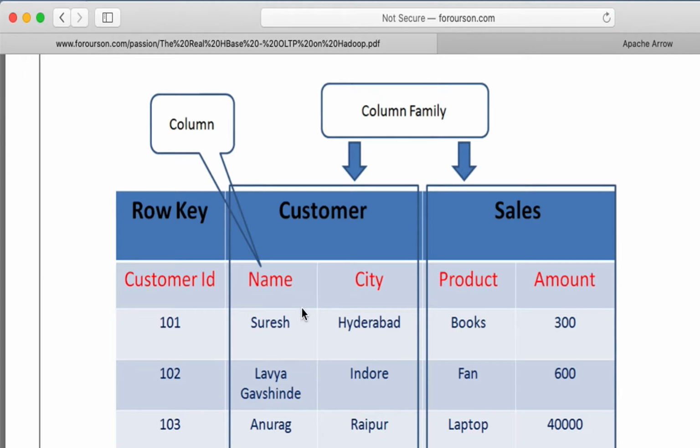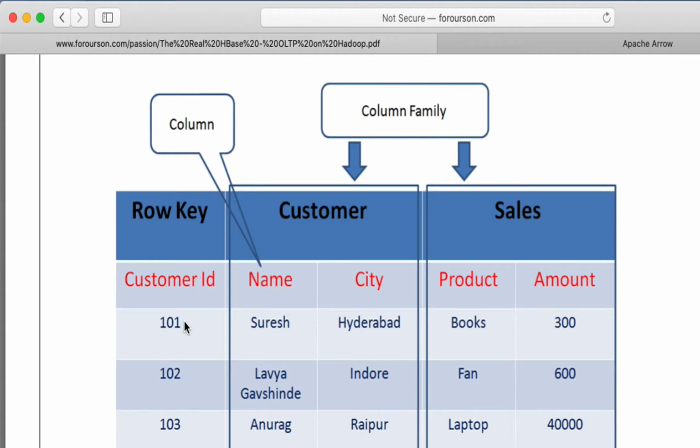So I combine name and city together into one column family called customer, and I combine product and amount into another column family called sales. Understand? Now imagine that against this particular key there is a hash table, and inside that there is another hash table, and you are able to retrieve that particular data. That's the basis of how HBase works.